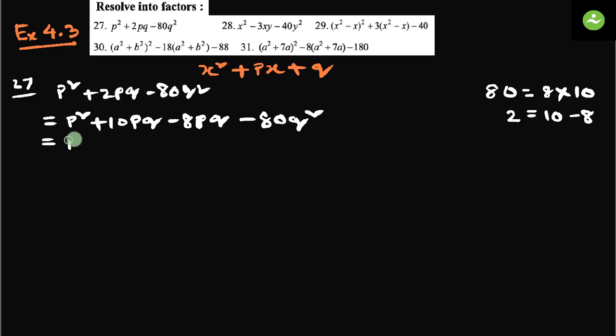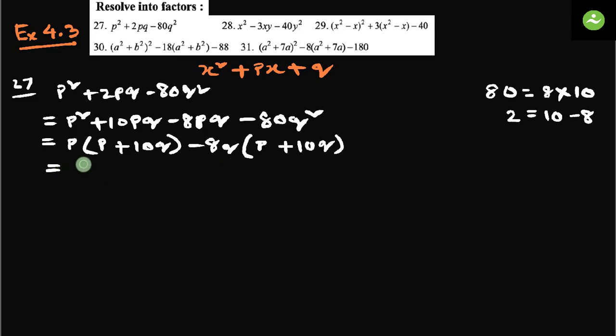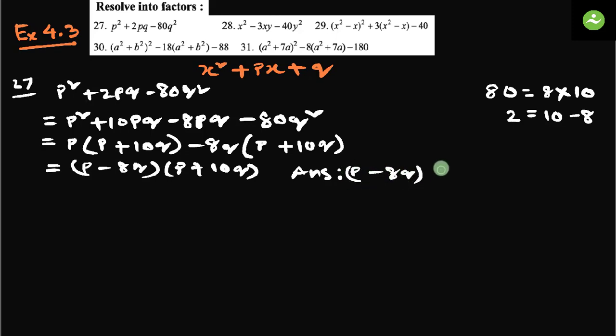We can take common p into p plus 10q minus 8q common, p plus 10q. Two factors we get, p minus 8q into p plus 10q. Answer, p minus 8q into p plus 10q.